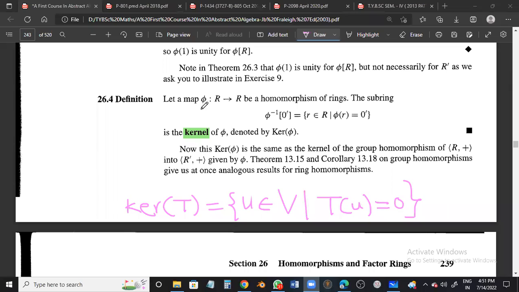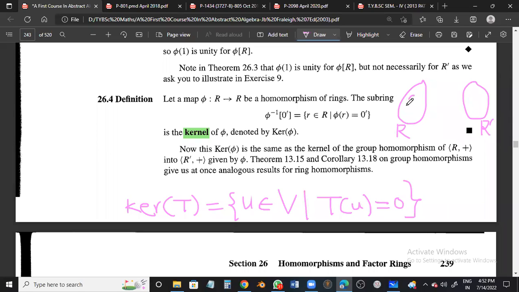So in this case, you have phi as a homomorphism from R to R dash. Then we have the set of all r belonging to R whose image is zero dash. Suppose I draw a Venn diagram, something like this. This is my R and this is my R dash, let me say.